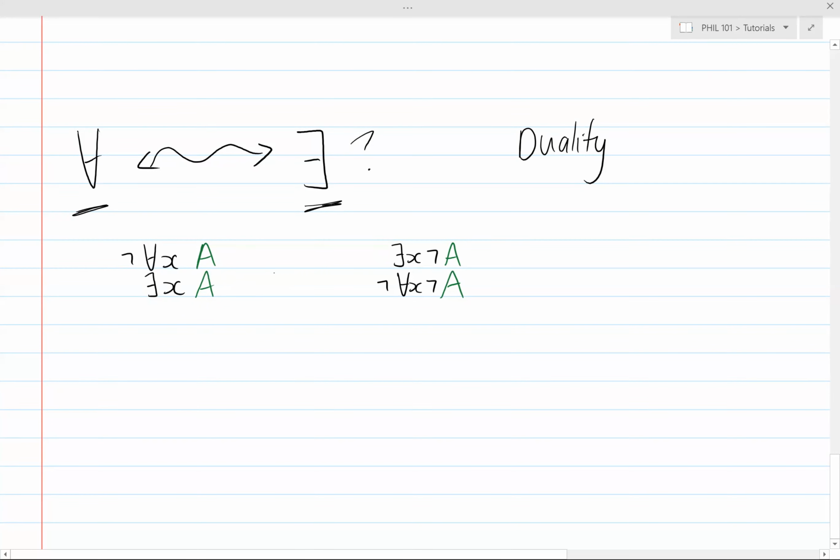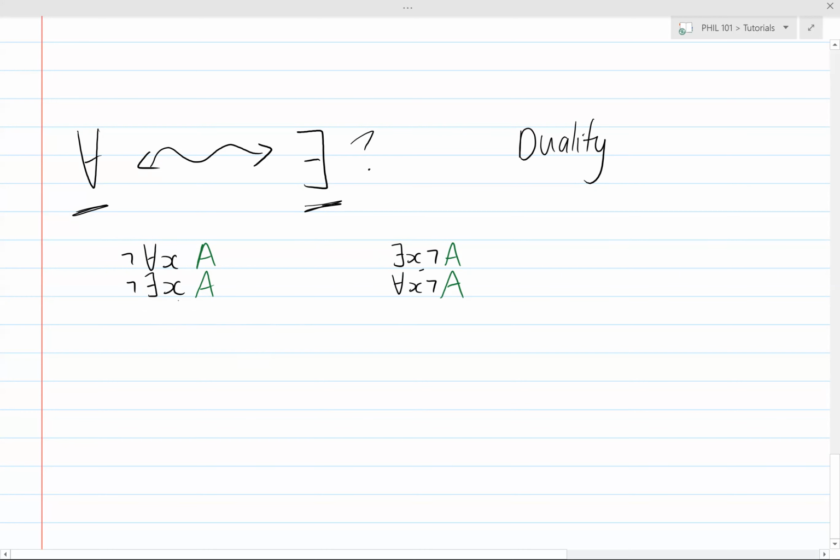That's the same as saying there's some x for which A is false. And the same over here. If it's not the case that there's some x for which A is true, I can add my negation here again and cancel them out. And that's the same as saying it's not the case that there exists an x for which A is true is the same as saying for all x, A is false.